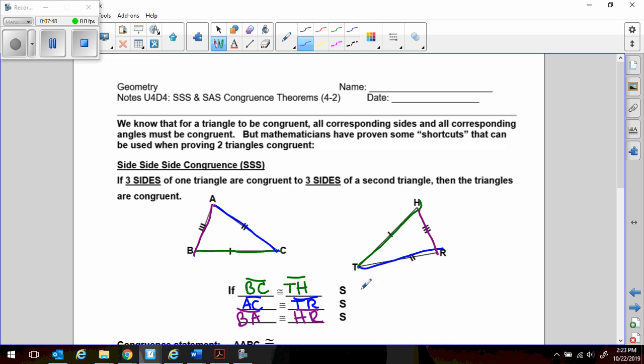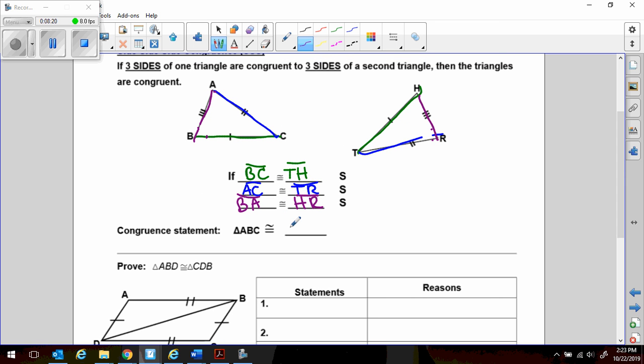Well, these are 3 sides. So I know that everything else about them is congruent. Angle B would be congruent to angle R. I could tell you that angle A is congruent to angle H, and I can tell you that angle C is congruent to angle D. And I know this because we have proven that my triangles are congruent by side, side, side, by showing that these 3 sides are congruent to these 3 sides. So that's a side, side, and a side.